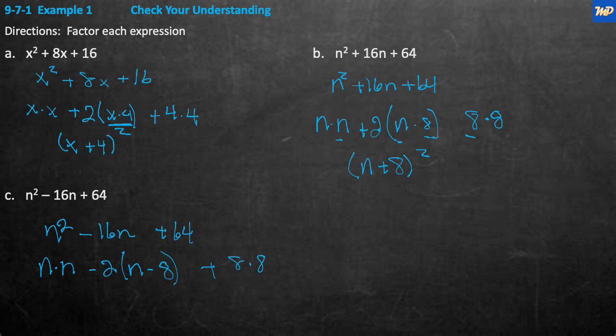Okay, so since we can factor it into this form, and we can make this look just like it did, using these terms with the square root of 64, the 8, and the square root of n squared being n, when we can pull a 2 out of this 16, we now know that this is n minus 8 squared. That's it.